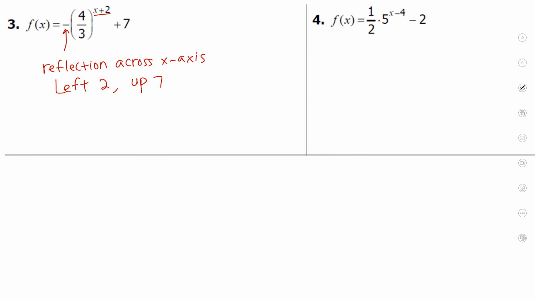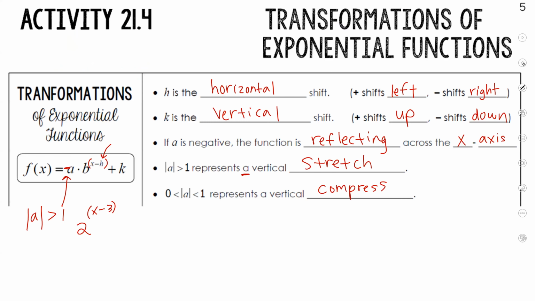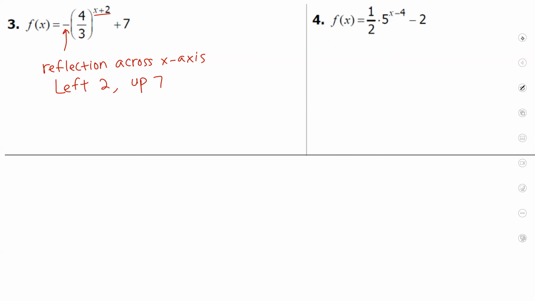For this one, the 1/2, your A value is 1/2. That is between 0 and 1. So this is a vertical compress by 1/2.